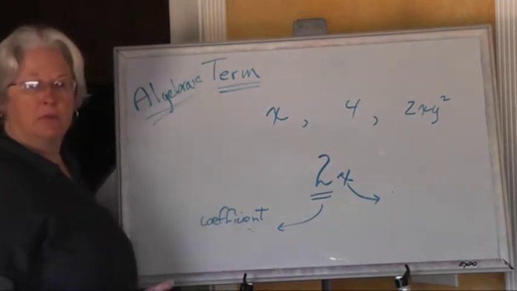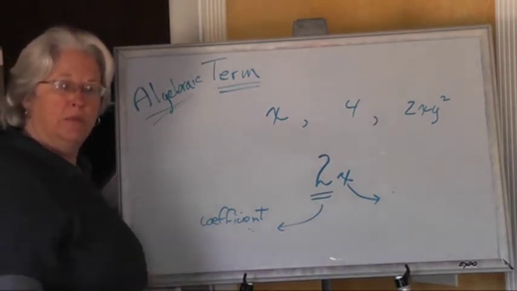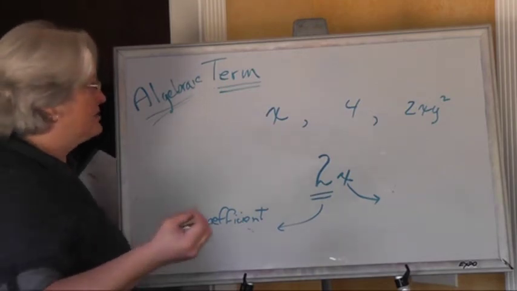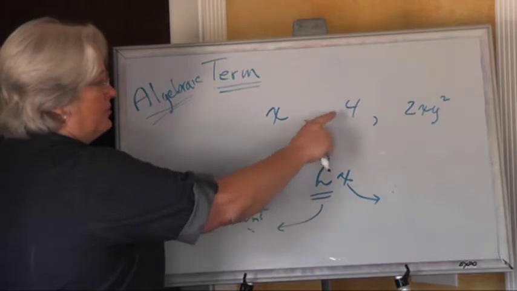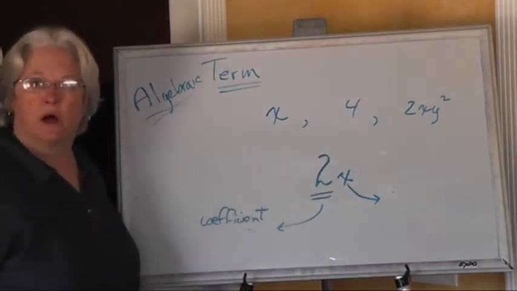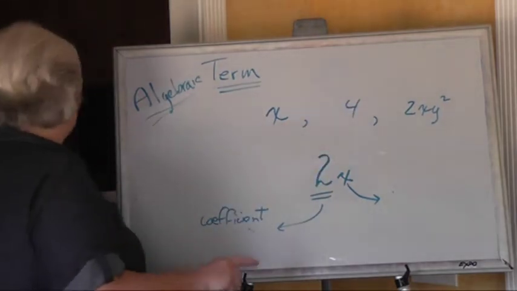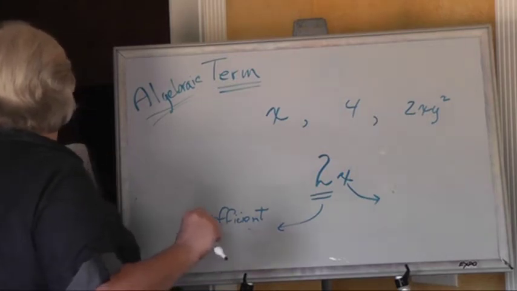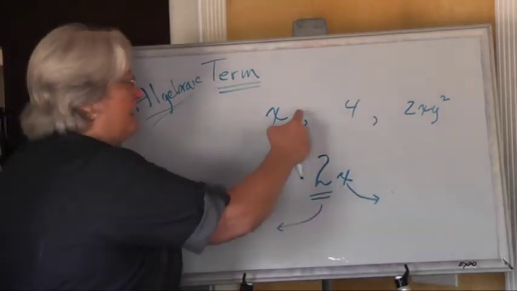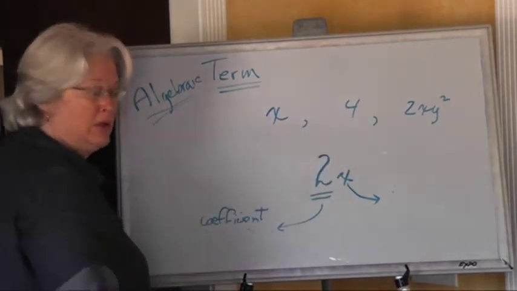Now we're going to talk about polynomials. Polynomials are a collection of terms. So x, 4, 2xy squared, that's not a polynomial, because a polynomial is formed by adding together terms.